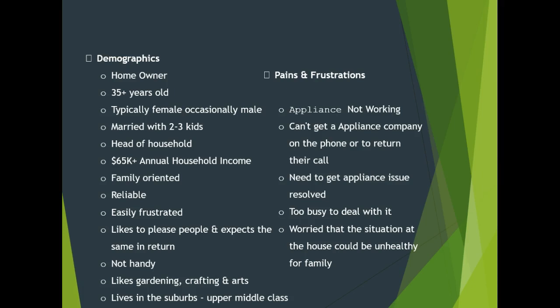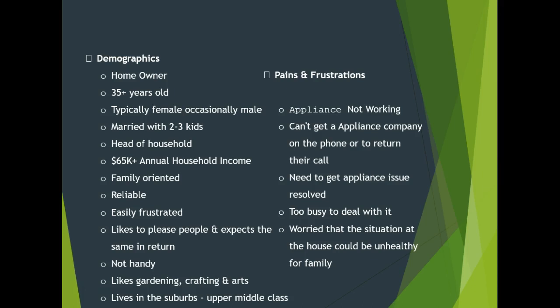Are they married? If they have kids, how many kids? Is the person typically the head of the household that calls in? What's their annual income? Are they family oriented? They're reliable, easily frustrated, like to please people and expect the same in return. They're not handy, right? Most people that call an appliance repair company don't want to fix an appliance.